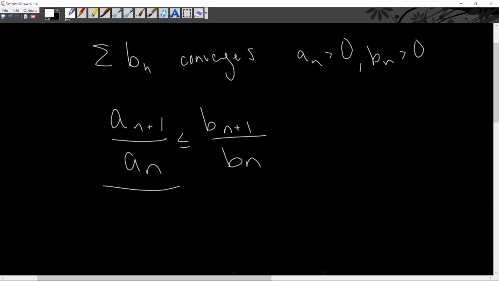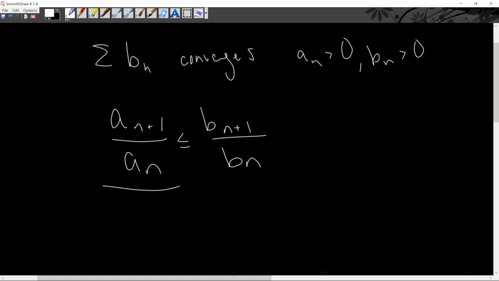And we're not saying that it absolutely converges because we don't have absolute values for this inequality. We're just saying that b sub n plus 1 converges. And b sub n plus 1 over b sub n is less than 1, or it could potentially be less than 1. That means that if a sub n plus 1 is less than this already established converging ratio, then a sub n plus 1 over a sub n will therefore be less than this thing that already converges.